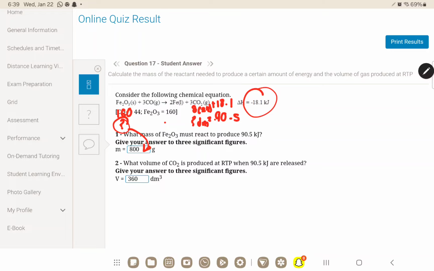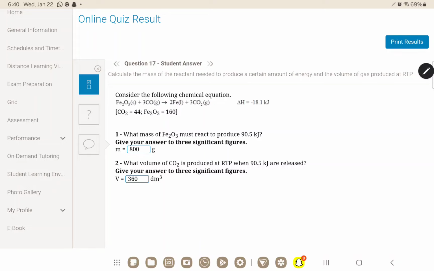Wait, what? Let me see something. I probably mistyped something in my calculator. So 90.5 times 3 times 24. Oh, yeah, I mistyped the numbers in my calculator. Divide that by 18.1. You're gonna get 360 as your answer. These are both your answers. So all of this is just RRGR with what's given and what's needed.